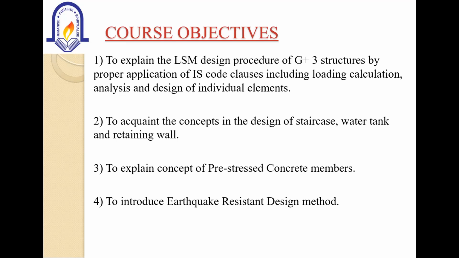We are going to design a G+3 building by using the limit state design method. So we are going to adopt LSM, and also the different clauses prescribed by the IS code. We are going to use IS 456:2000, as well as whatever clauses are there in that IS code, for the design and different loading calculations.